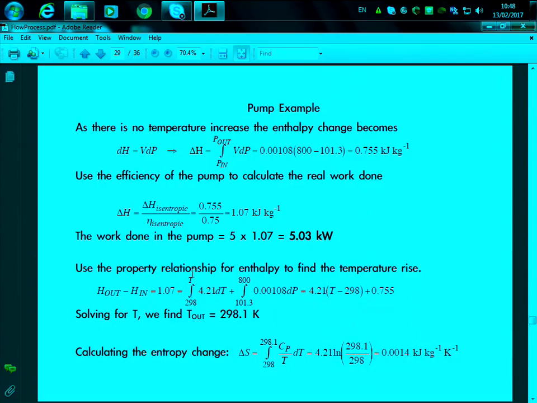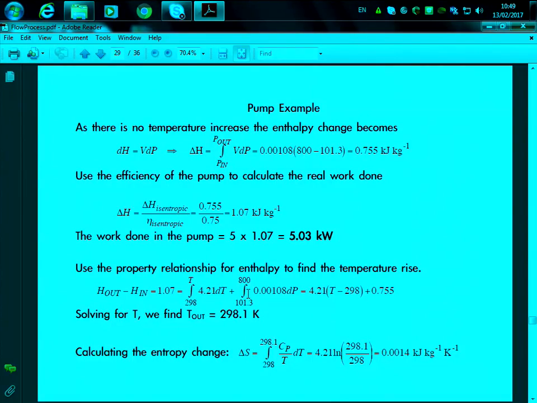And then delta H real will be 1.7, that is over here. And I will use again the same equation that was used previously in order to obtain the temperature, but this time the temperature is unknown because it's not isentropic anymore, so we don't know what the temperature is.